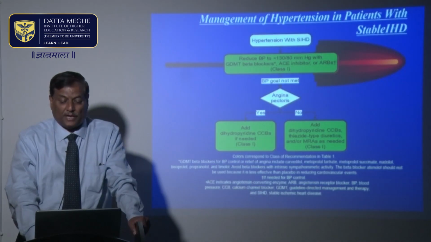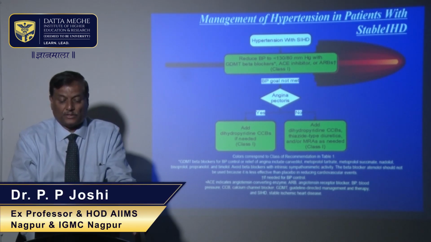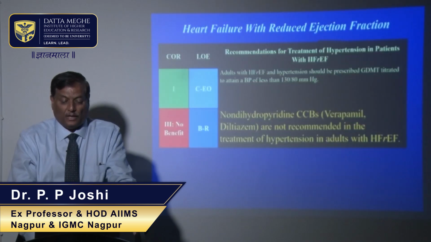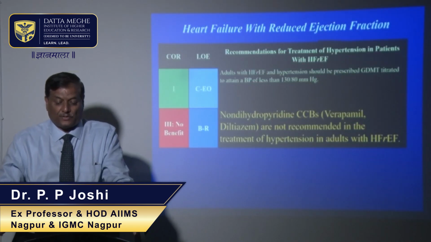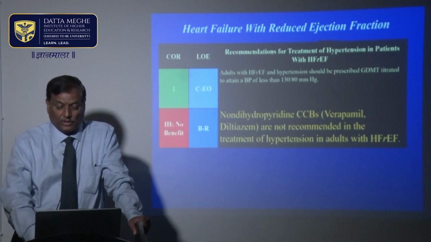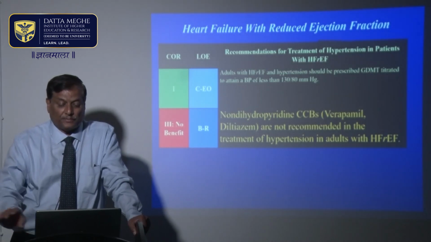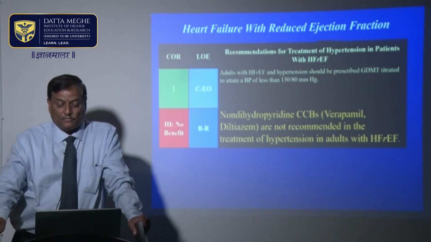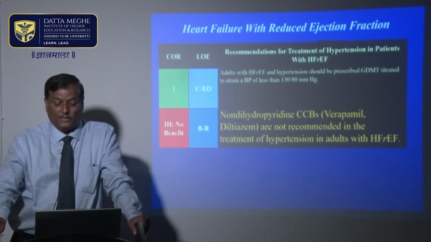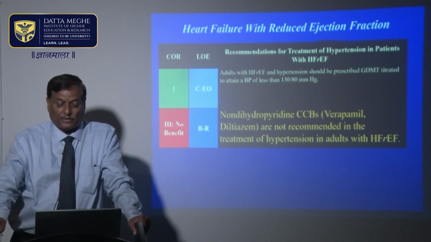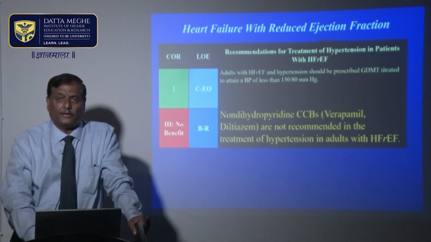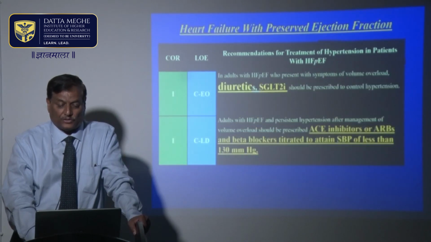For stable ischemic heart disease, like angina, we may have to use ACE inhibitors along with beta blockers. In patients with reduced ejection fraction, we have to use these ACE inhibitors again, but we should avoid drugs which have negative inotropic action, like non-dihydropyridine calcium channel blockers. Verapamil is contraindicated in patients with heart failure with reduced ejection fraction.